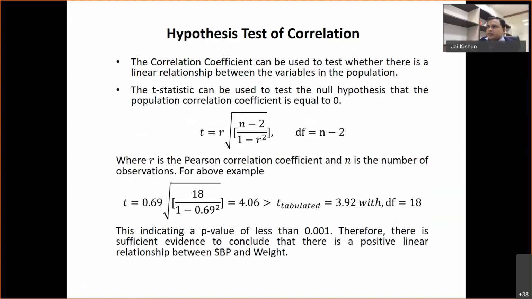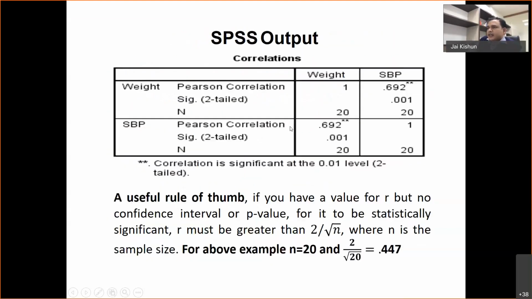Now these are some other points: the hypothesis test of the correlation. The correlation coefficient can be used to test whether there is a linear relationship between the two variables or not. In SPSS, it is actually given directly.